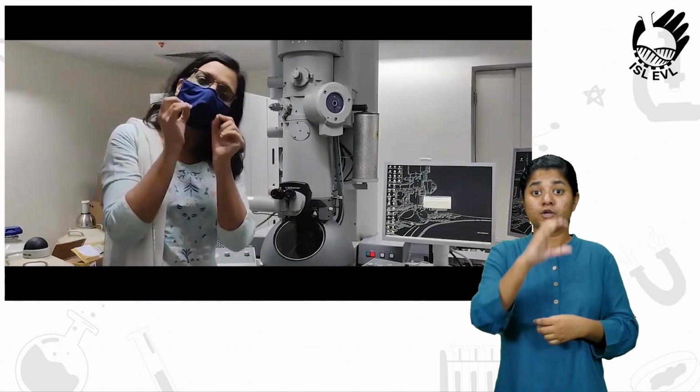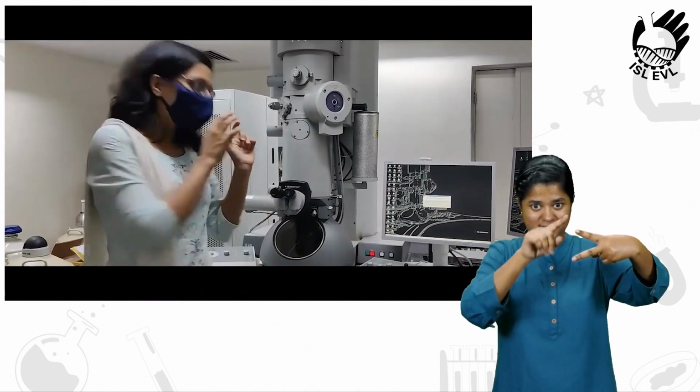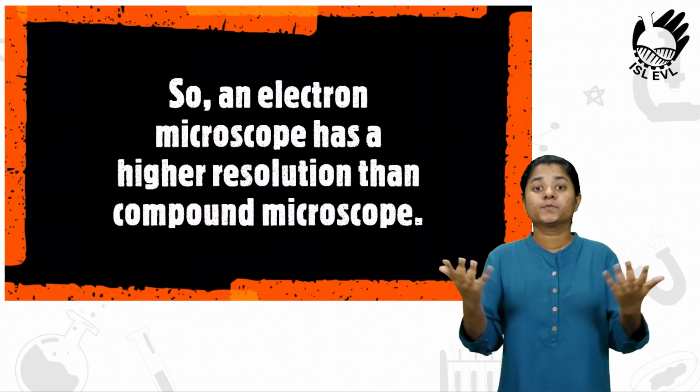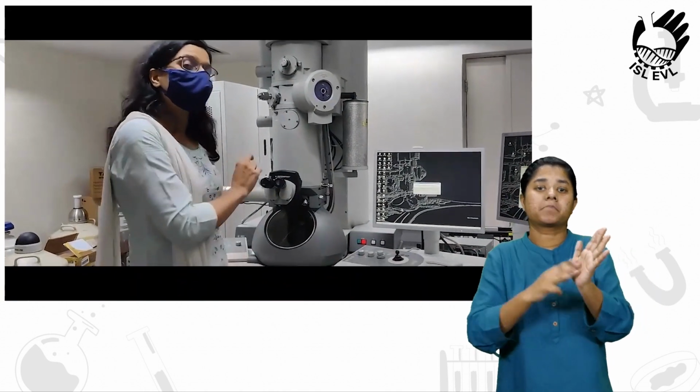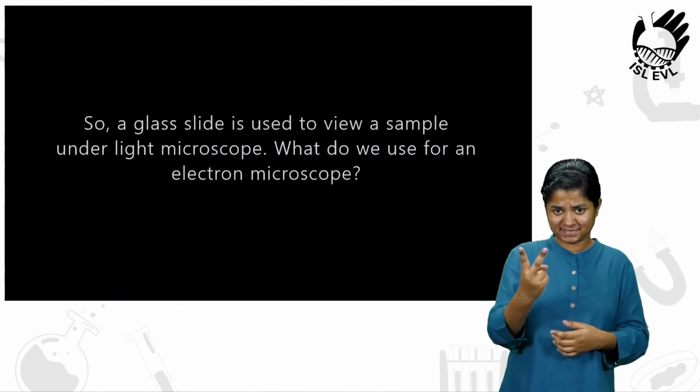That means the same two objects, even if they are only 0.2 nanometer apart, this system can still tell you that yes, they are actually 2 points and not 1. So in terms of resolution or clarity, the compound microscope gives you 200 nanometer. Here it gives 0.2 nanometer.